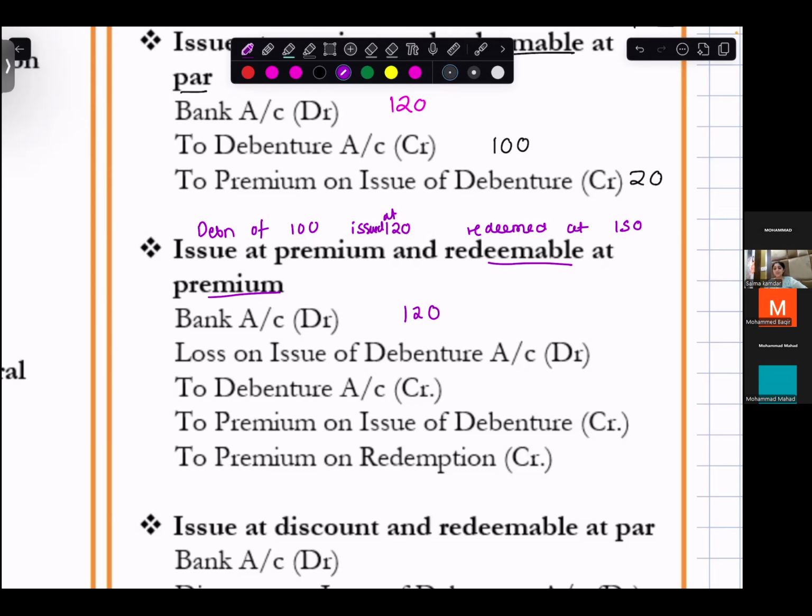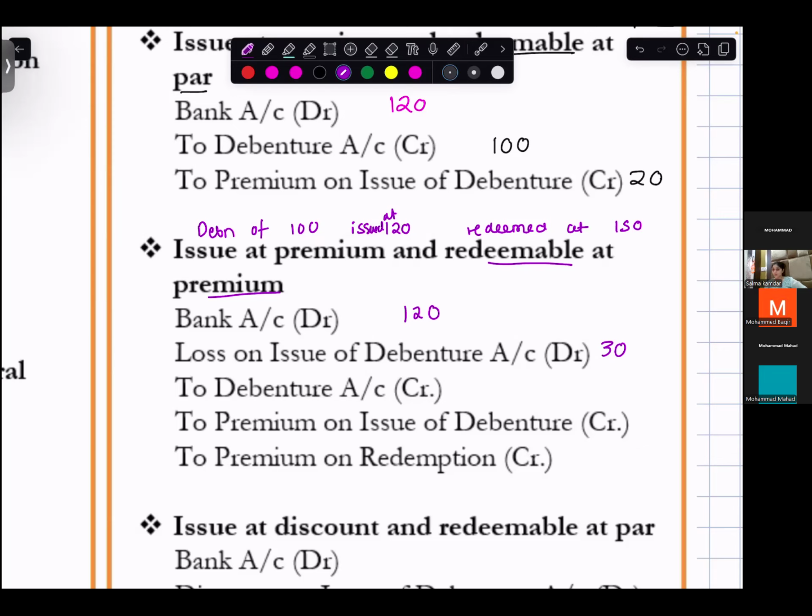Why is this loss on issue? Because we receive 120 and we pay 150, so that's the loss on issue of debentures, because you're redeeming it at premium.